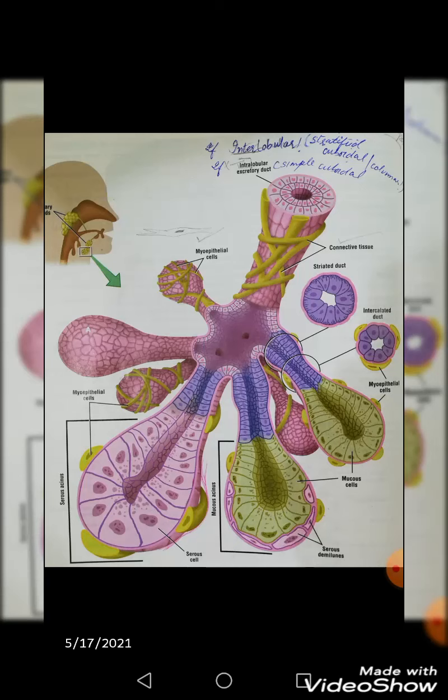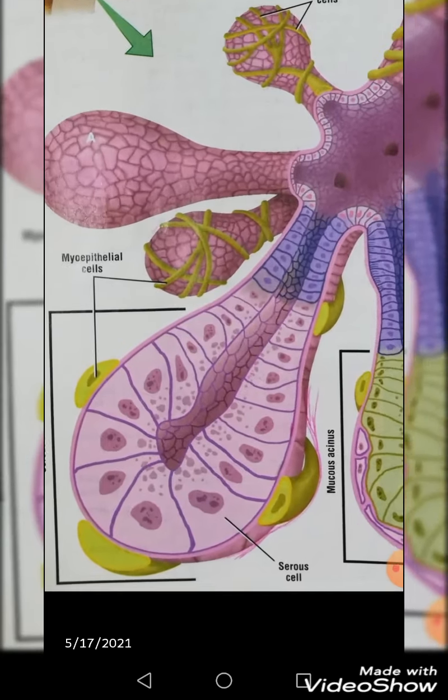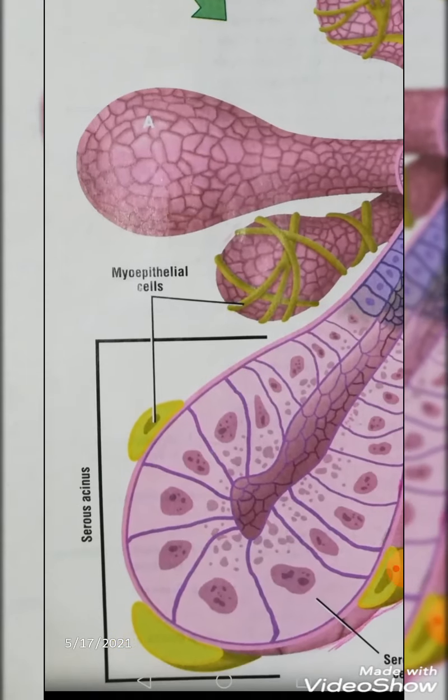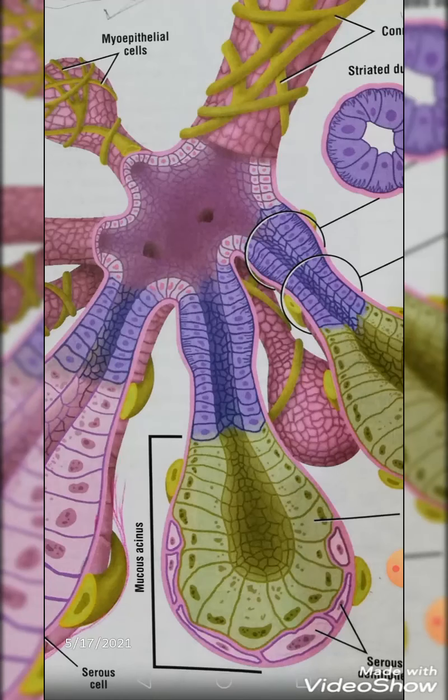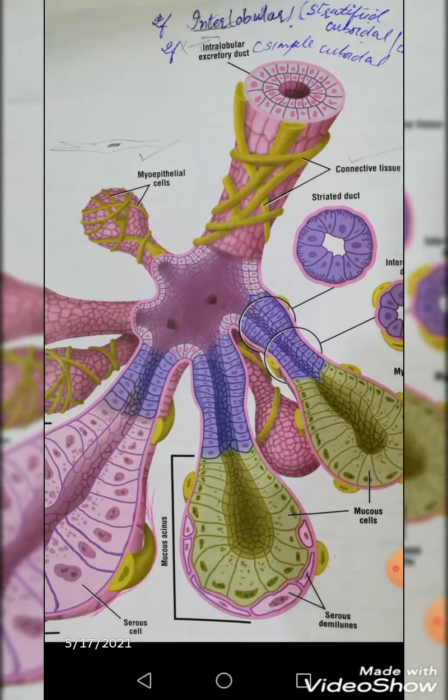And in the picture you are looking at the basic secretory unit, which is embedded in the parenchyma. It consists basically of the acini or alveoli. These could be serous acini and could be mucous acini. And the duct system you can visualize.